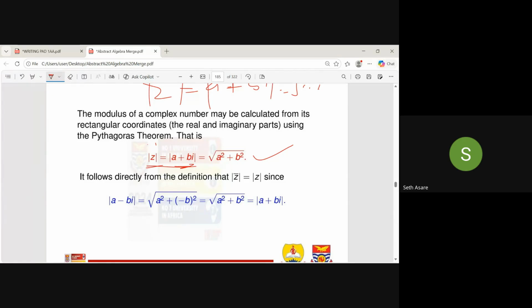So when I find the modulus of the conjugate, it gives me the same value as the modulus of the complex number itself.